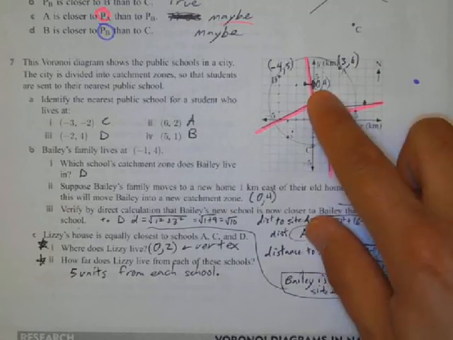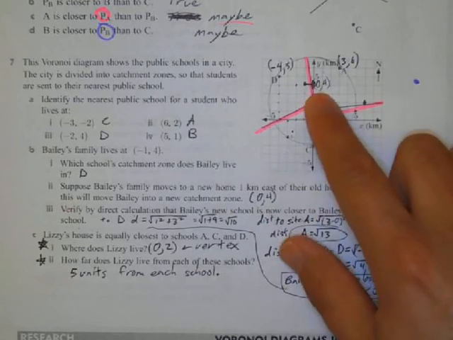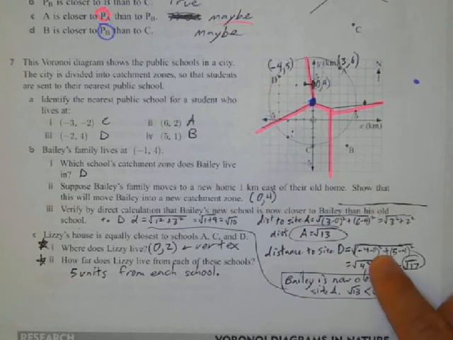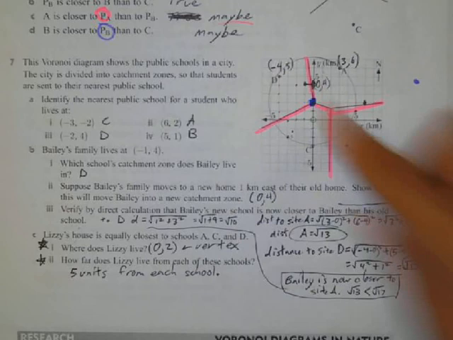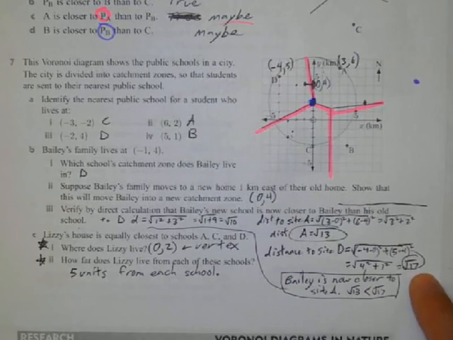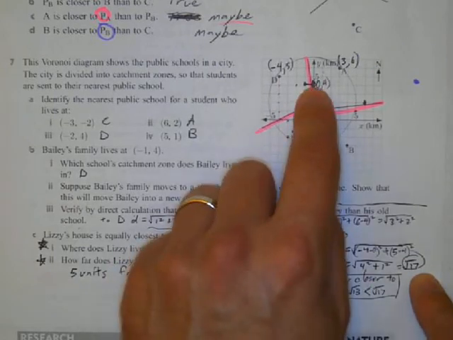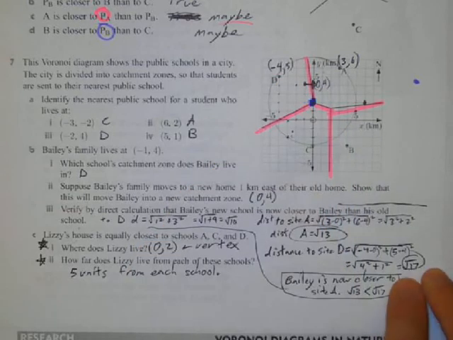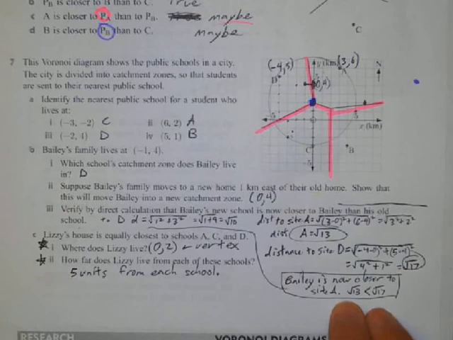From that point to site D, I can do -4 minus 0 squared plus 5 minus 4 squared. That gives me 4 squared plus 1 squared, which is the square root of 17. So the distance from the new school to D is the square root of 17, which is further away than the square root of 13. You may want to hit pause and think about that. There you go, there are the answers.